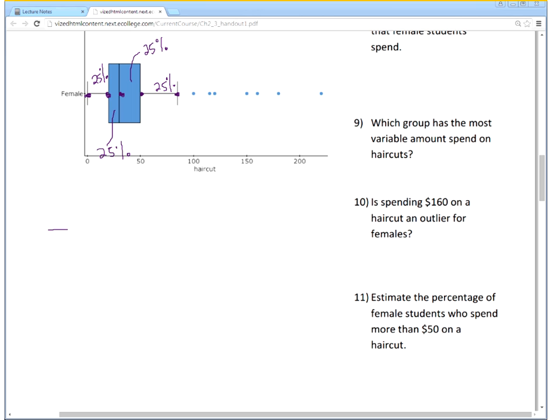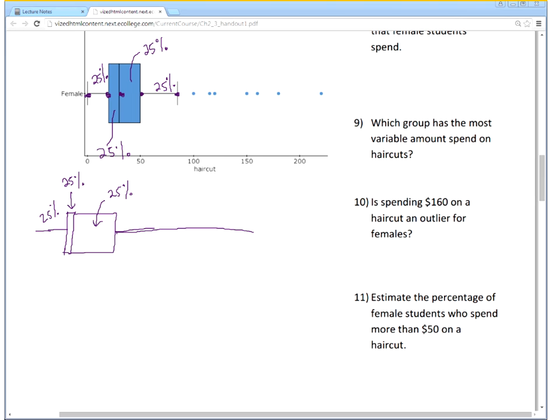No matter what the box plot looks like. If the box plot is really skinny here, but not over here, that doesn't change the percentage at all. It's still 25%, 25%, 25%.